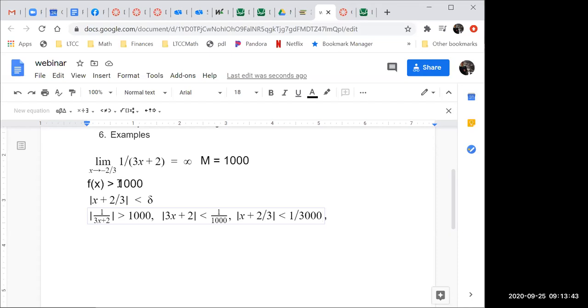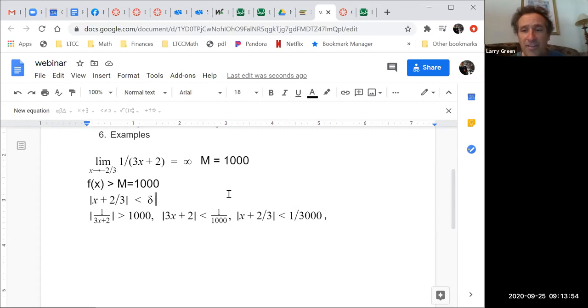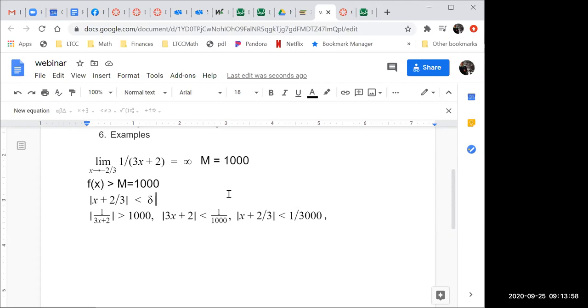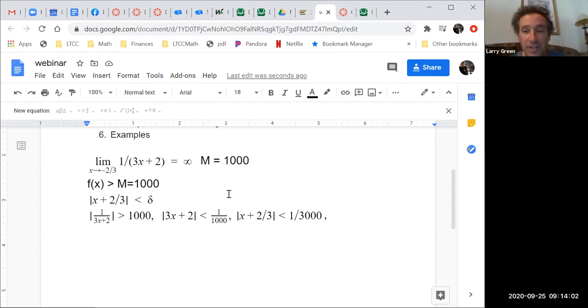I was having trouble imagining how L could be infinity on a graph. L infinity on a graph means you have an asymptote. That makes sense actually. And the definition of infinity is bigger than every number. Does that make sense?